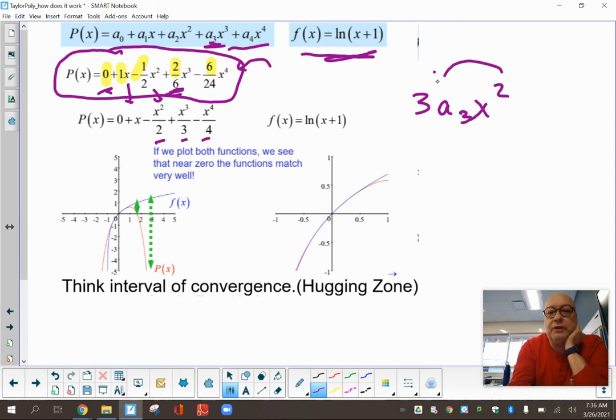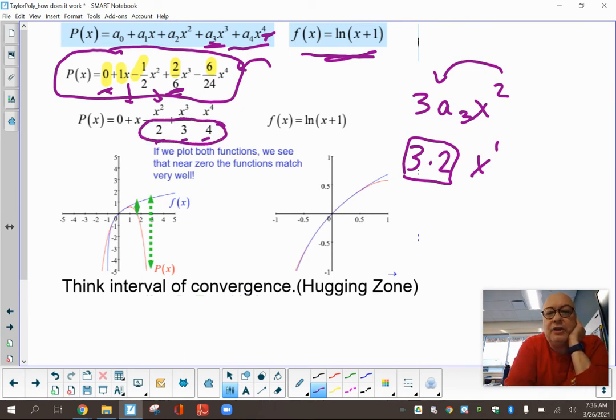And then when you bring the 2 in front, it becomes a 3 and a 2. Now I could change it to 6, but if you see this pattern, even with the fourth, when you take a fourth derivative like that, the 4 comes in front, and then it drops to 3. The 3 comes in front. That's where these factorials will come from in your Taylor series formula.